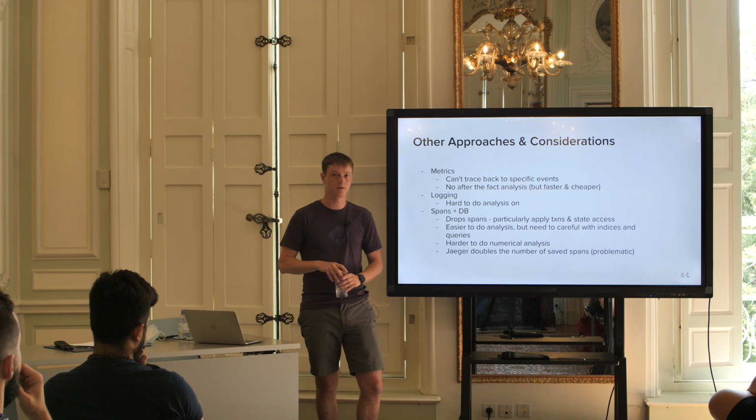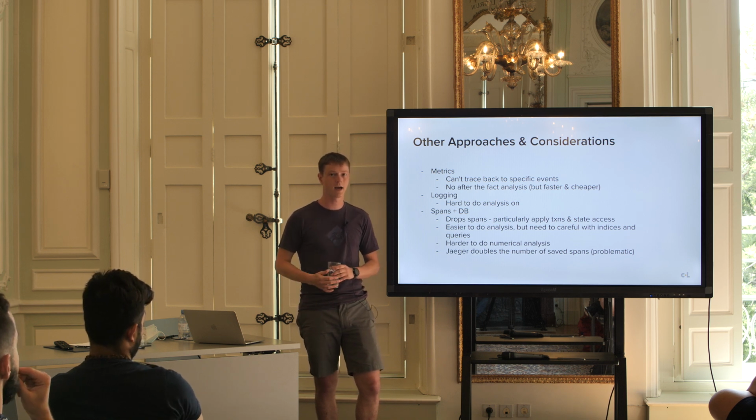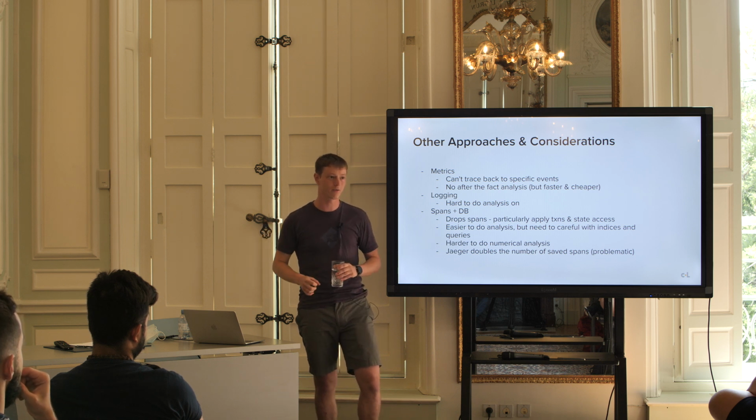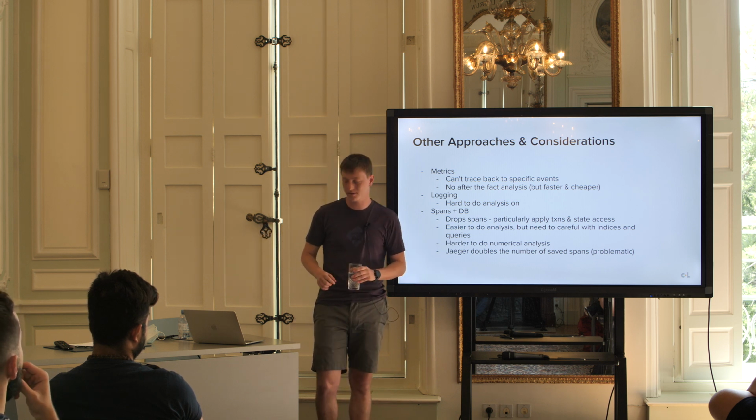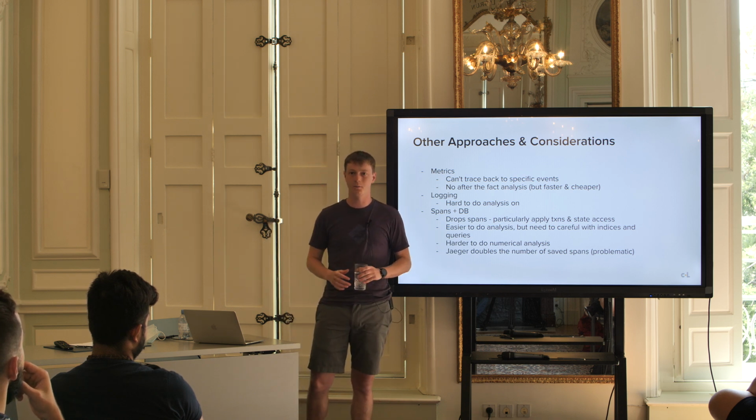So being able to do conflicting queries was a relatively easy task in a SQL database versus thinking of having to implement a data structure in Geth and pass everything around to do that analysis. The downside of some of the analysis is that it's harder to do numerical analysis in SQL. So you basically get count, average, sum, and that's it.